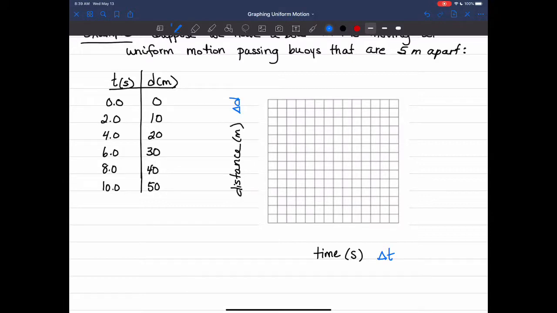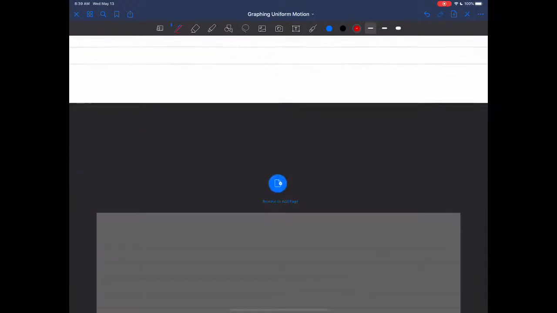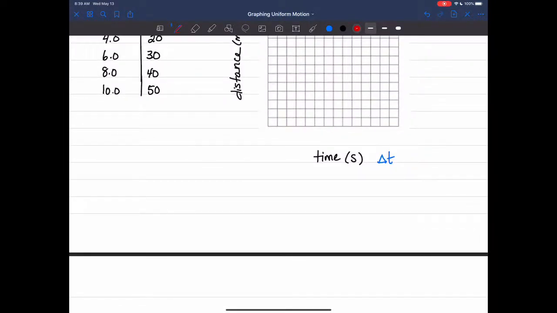If we were looking at process skills, at the scientific method, the time is the one that is being manipulated, the one that is going to have an effect on the experiment. This would be known as the manipulated variable.